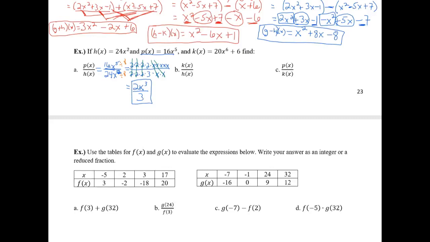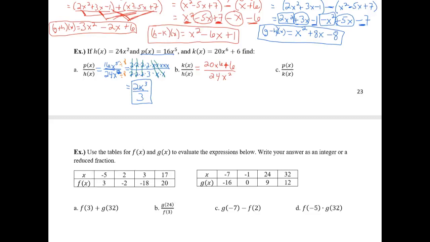All right, this next example here, we're starting with k of x in the numerator, 20x to the 6th plus 6, dividing by h of x, which is 24x squared. Now you have to be careful because this one has a plus in here. We can only divide out common factors, not things being added. So we have to look to see if there's any common factors.